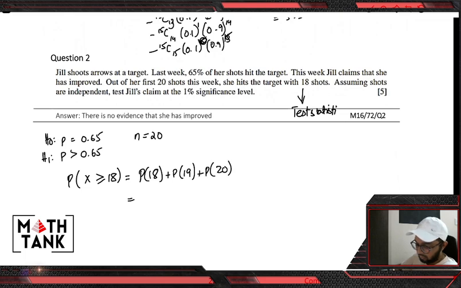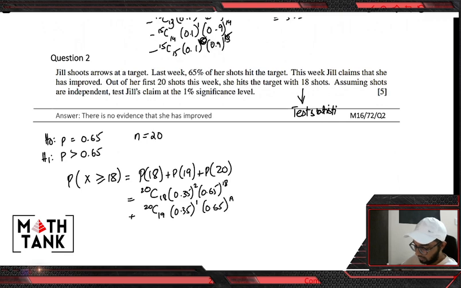Again, what I'm going to do is write all of these down in terms of the probability formula. 20C18, 0.35 power 2, 0.65 power 18, plus 20C19, 0.35 power 1, 0.65 power 19. You've got to write all of this down. That's part of the working. You can't skip over that.